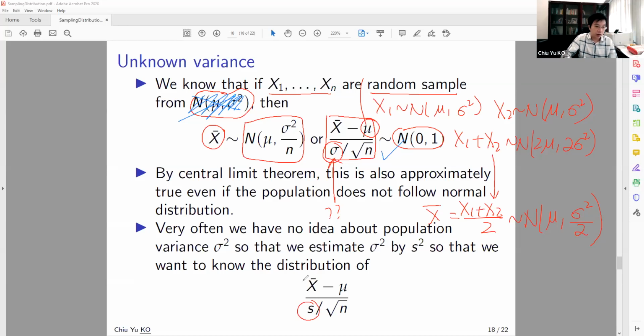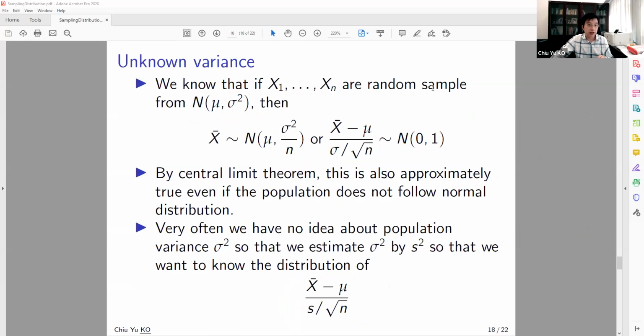The question is, what is this distribution? The answer is that this turned out to follow what we call the T distribution.